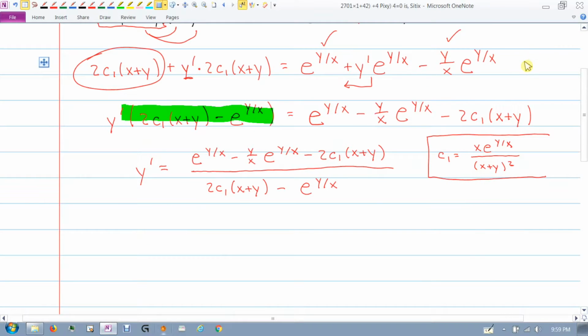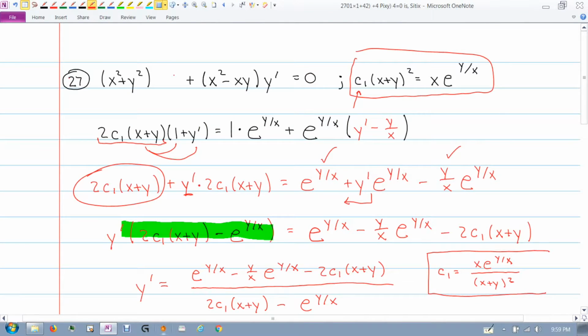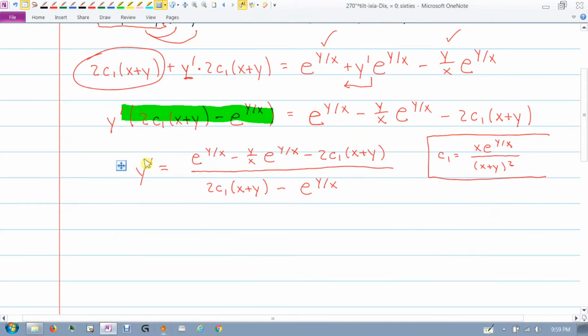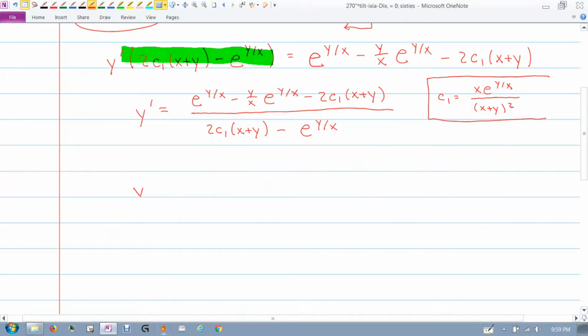Now, something kind of magical is about to happen. All right, I'm still continuing. I have not tried to plug anything in up here to verify. Okay, I have not tried to verify this equation yet. Just trying to get a decent expression for y prime. So I have y prime equals, all right, I'm replacing right now this C1 with this expression right here for C1.